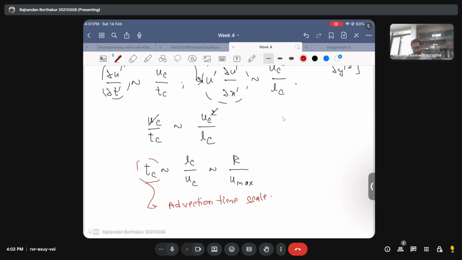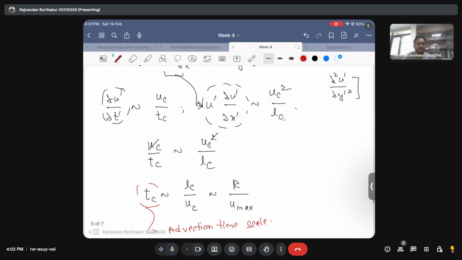You can think of it as: if inertia is dominant in your problem, then the time scale on which the disturbance can get propagated is dictated by the advection time scale. That is how you can physically interpret it.